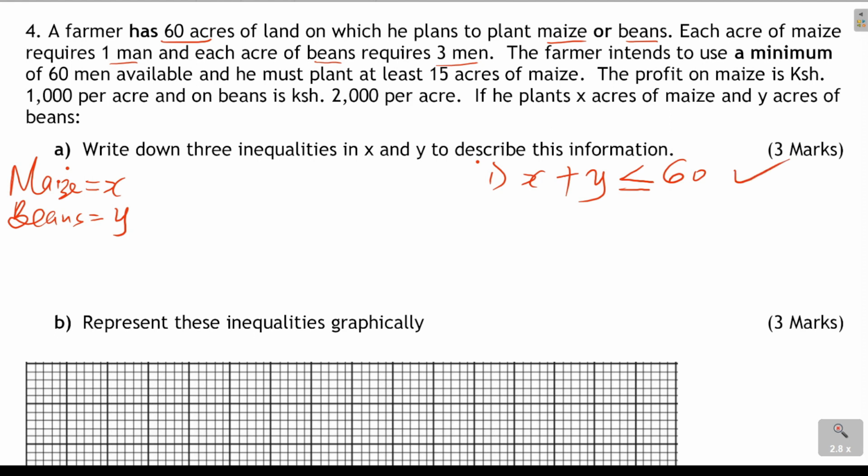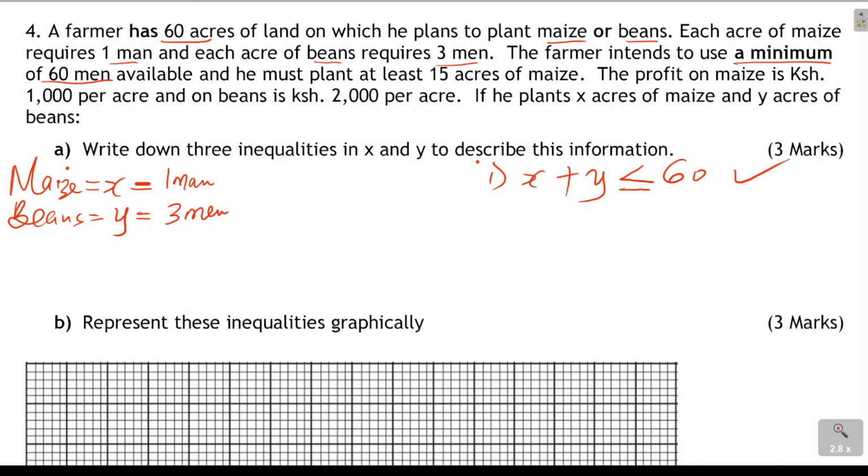Now the second inequality, we'll get it from this one. Each acre of maize requires 1 man, and for beans it requires 3 men. And then the farmer intends to use a minimum of 60 men. So from this statement, we will be able to form another inequality.